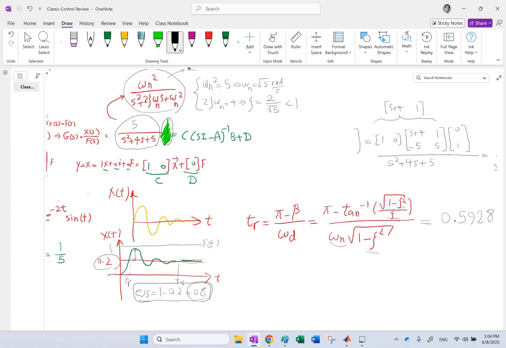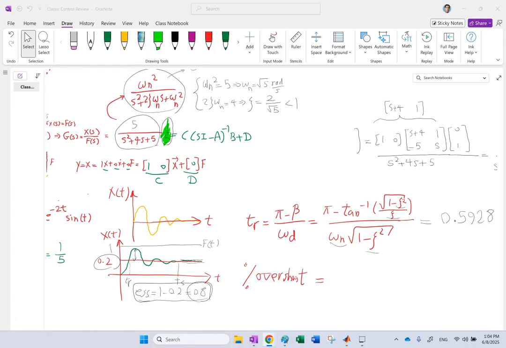Then you might need the percent overshoot. If you remember, the percent overshoot formula is only a function of the damping ratio, and that is an exponential function.